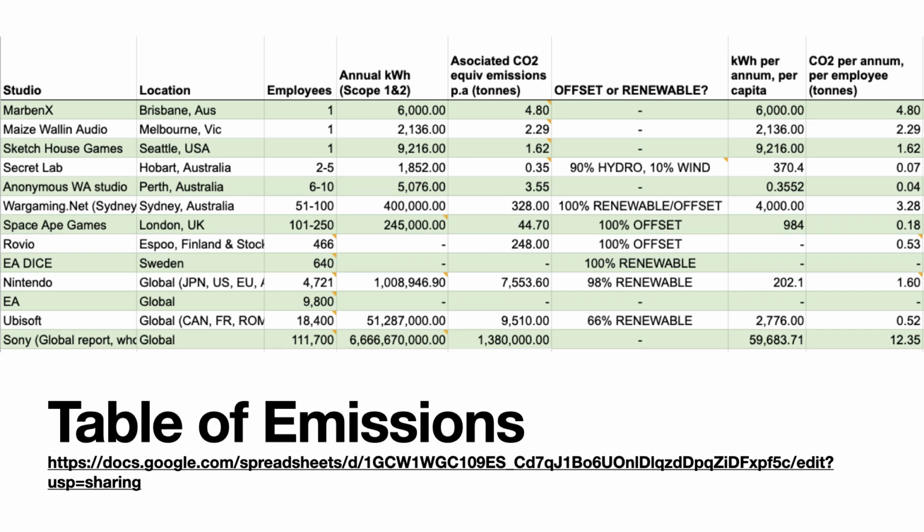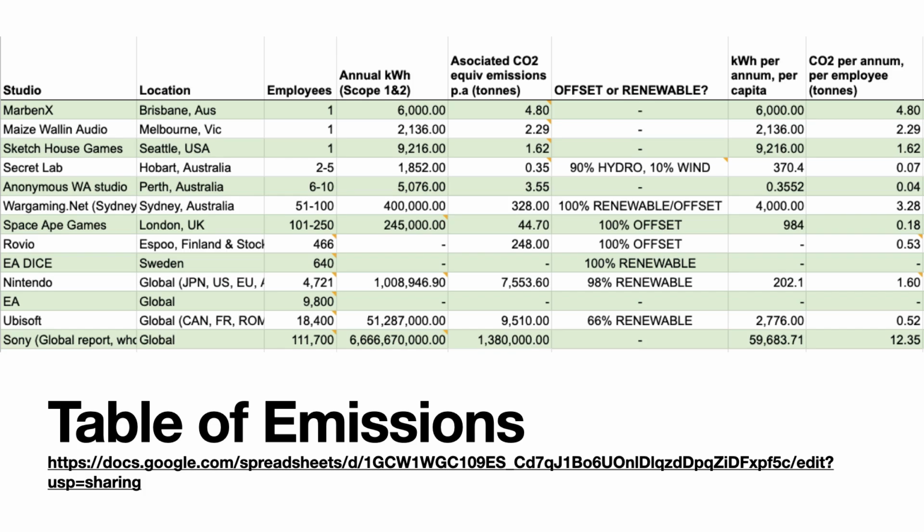The top half of them are ones that I've generated based on the local energy intensity that I can figure out based on the state in Australia that it's from, or wherever I can find data. And then the bottom half are usually self-reported figures. So Rovio, Nintendo, Ubisoft, they all reported this CO2 tons per annum per employee figure themselves.